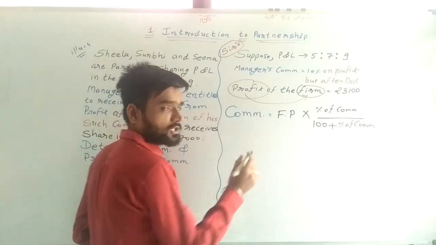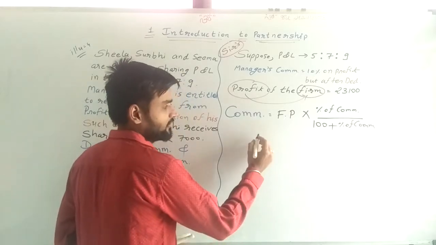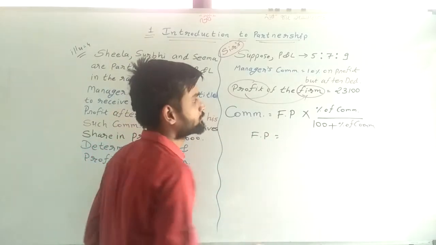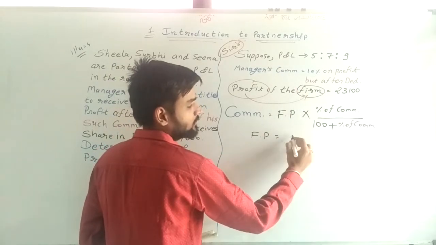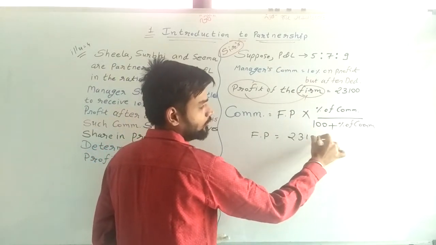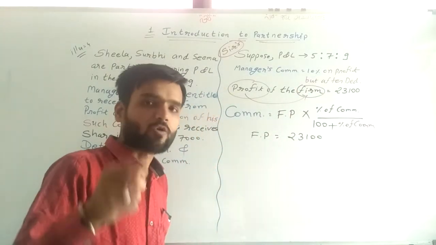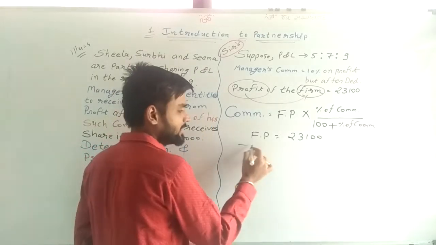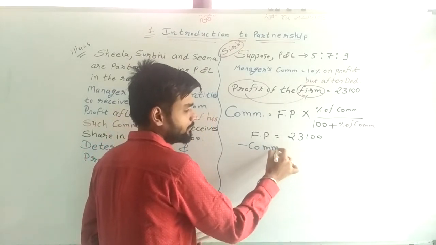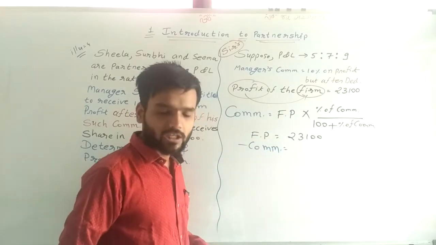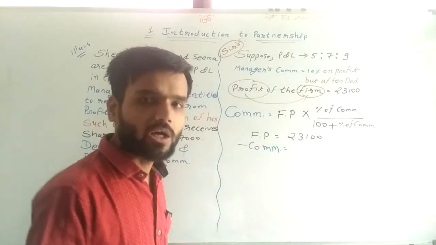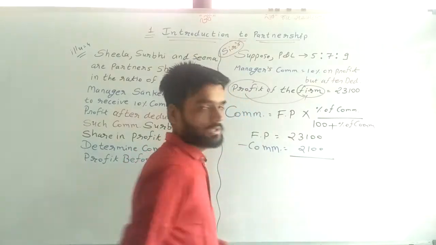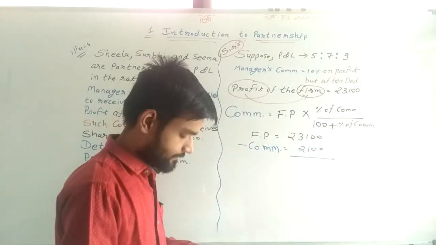First of all, I am writing here firm profit. Firm profit is equal to 23,100. From that, we are deducting commission, so minus commission, and the commission is 2,100 rupees. Now deduct the commission.